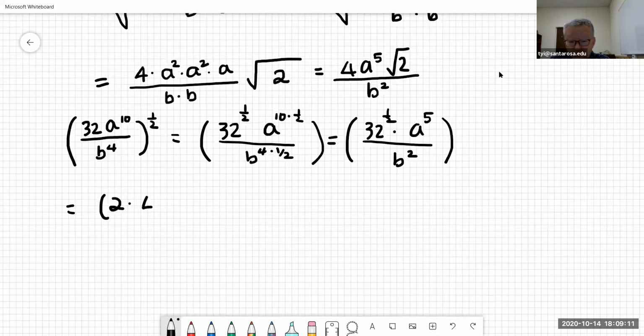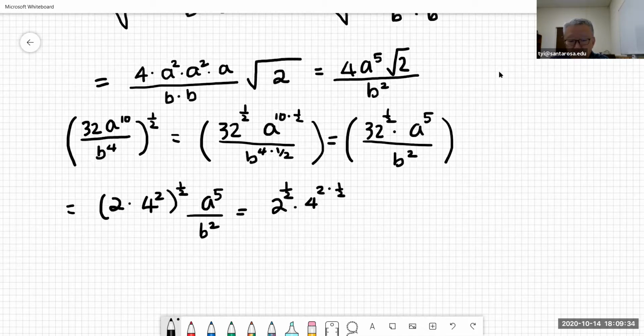So you got 4 squared to the 1/2. Then you got a to the 5 and the b squared. So apply the 1/2 to both the 2 and the 4 squared. So you end up with 2 to the 1/2, then 4, 2 times 1/2, and you got a to the 5 and the b squared.